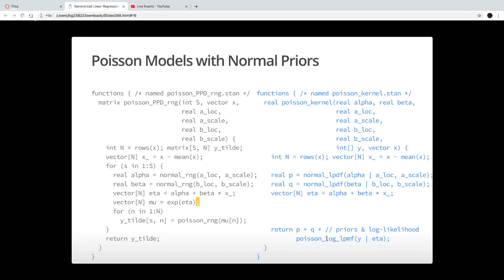And then LPMF, for logarithm of PMF, for my observed outcomes conditional on eta. And again, it's going to do some tricks for numerical stability in order to keep that from having numerical overflow. So everything is evaluated really accurately, and Stan can do this Hamiltonian Monte Carlo thing really well.